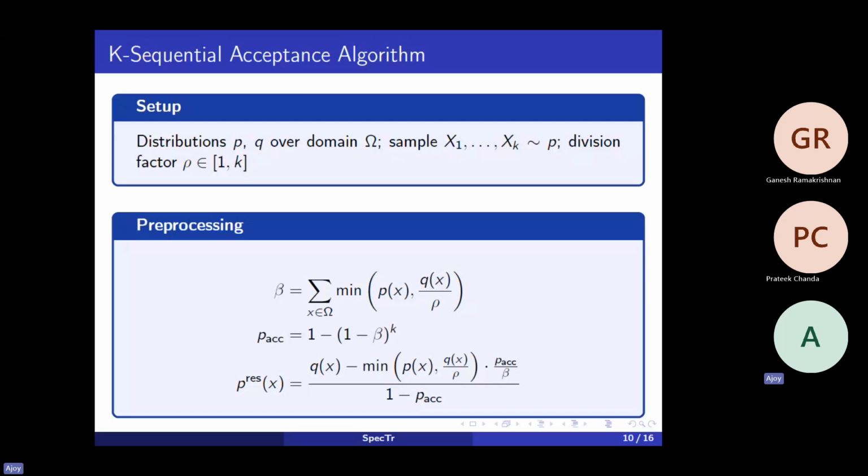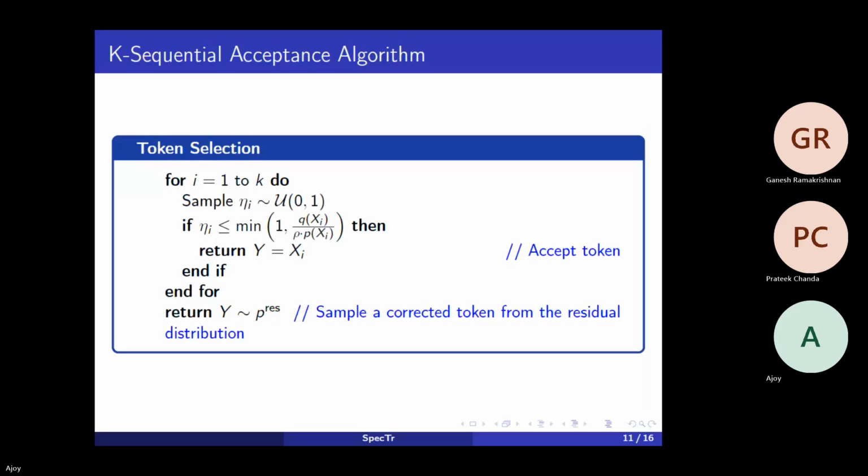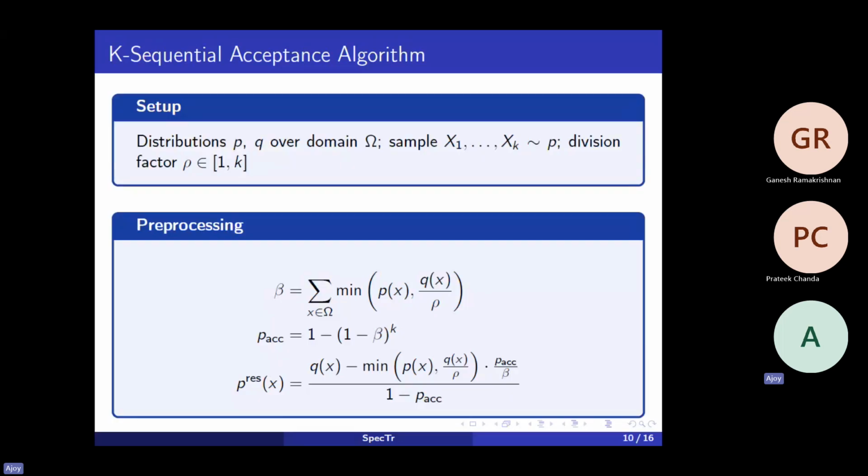There's one more algorithm on how you sample given the k values. Given the k samples, just like algorithm one, you sample n_i values, and you calculate this inequality, and if it fits the inequality, sample x_i, and if it doesn't fit the inequality, you sample from a residual distribution.